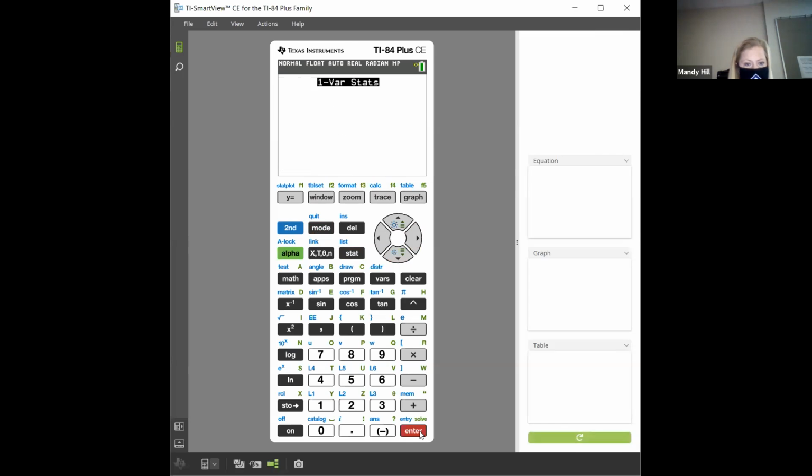I'm going to hit enter, but I don't want it to say L1. I need it to say L2. And L2 is right above the number 2 at the bottom. So if you hit second and then the number 2, it'll change to L2. Now I'm good. I can just enter all the way through that and I can get what I need to answer my questions.